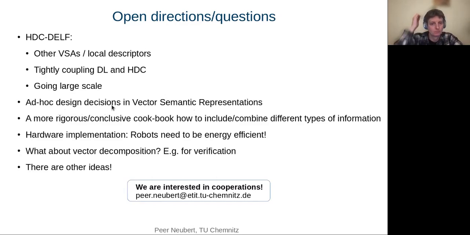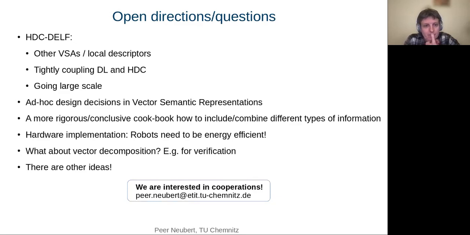And maybe we also need a more rigorous or conclusive cookbook for how to combine those different types of information. In this compute graph for those vector semantic representations, there are some occurrences where I think it should be bundling or it should be binding, but it's the other descriptor that works better in practice. And so far, I do not really know why. So there's also a lot of work to do there.